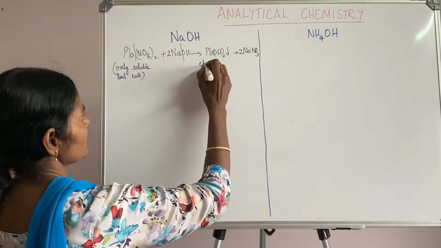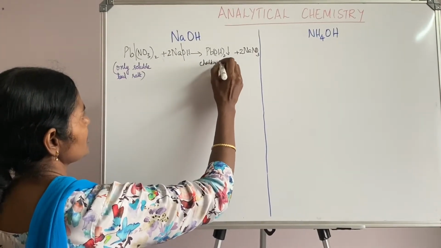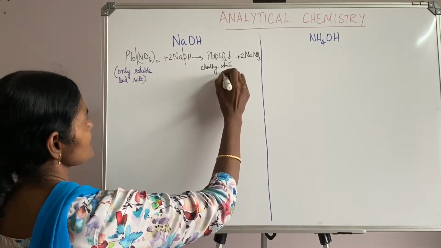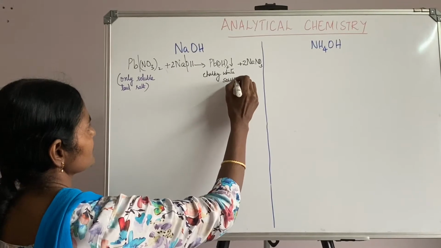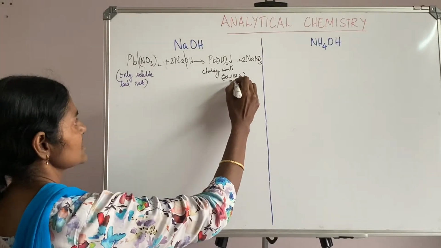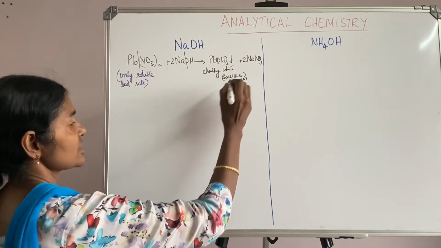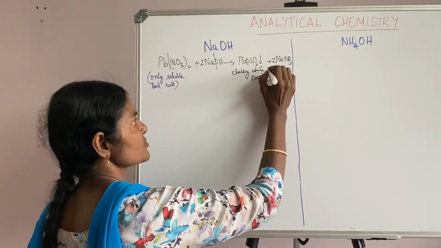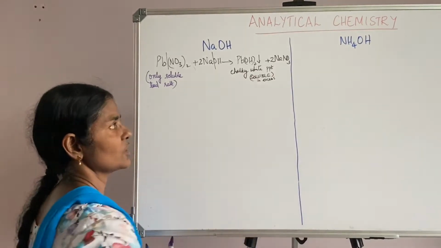So this is chalky white, but the thing is, in excess it is soluble. So that is the difference. So far what we saw was insoluble, that means the precipitate continued, but in this case it is a chalky white precipitate which is soluble.